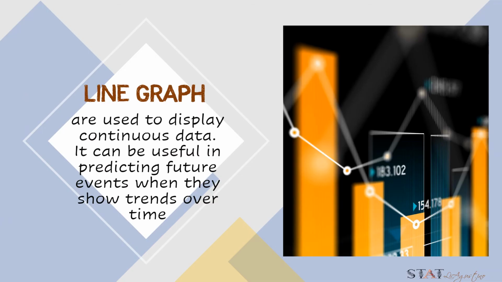So let's proceed to the line graph. Line graphs are used to display continuous data, and they can be useful in predicting future events when they show trends over time. Usually you can see this in regression analysis and in some trend analysis using the line graph.